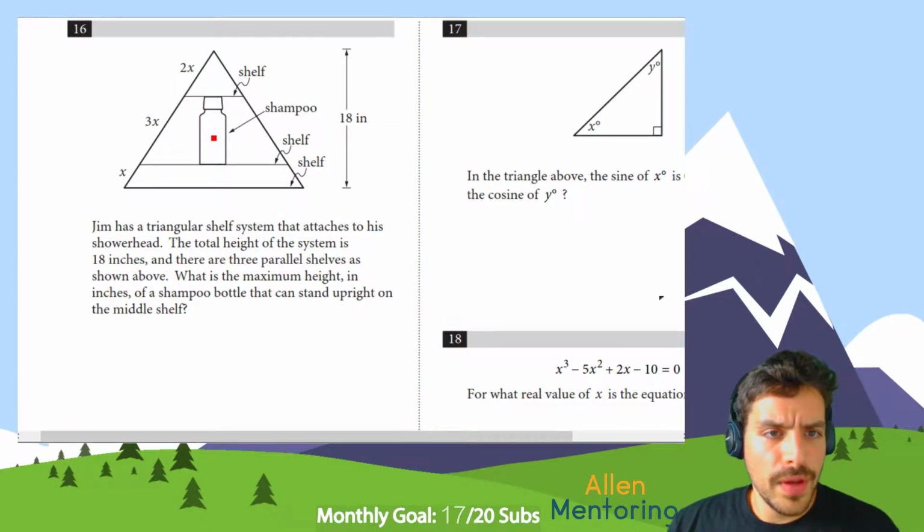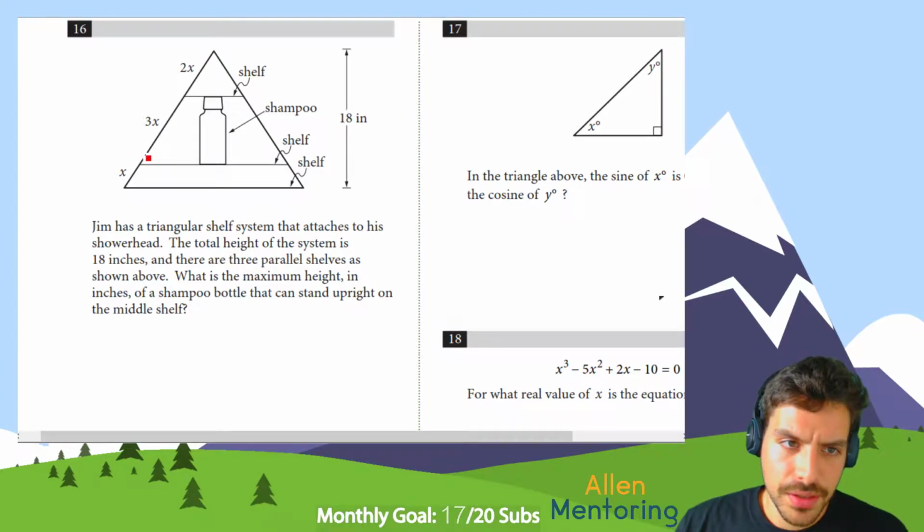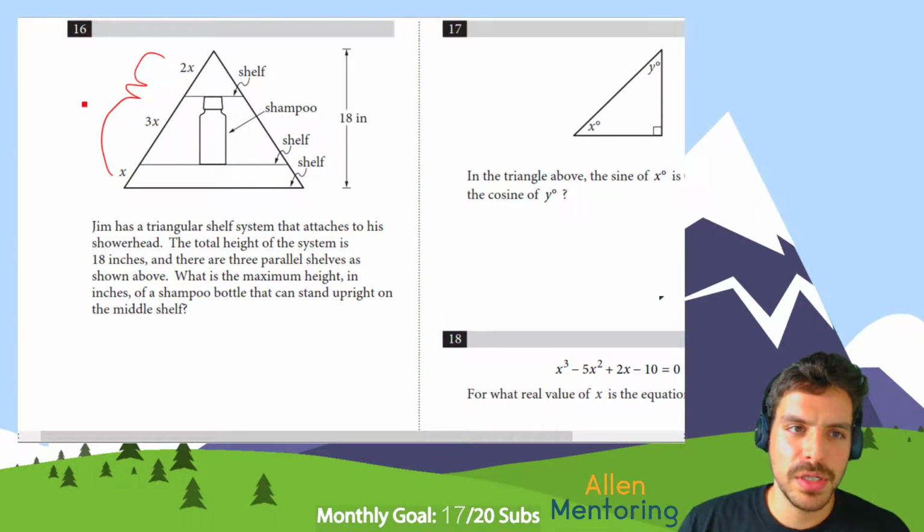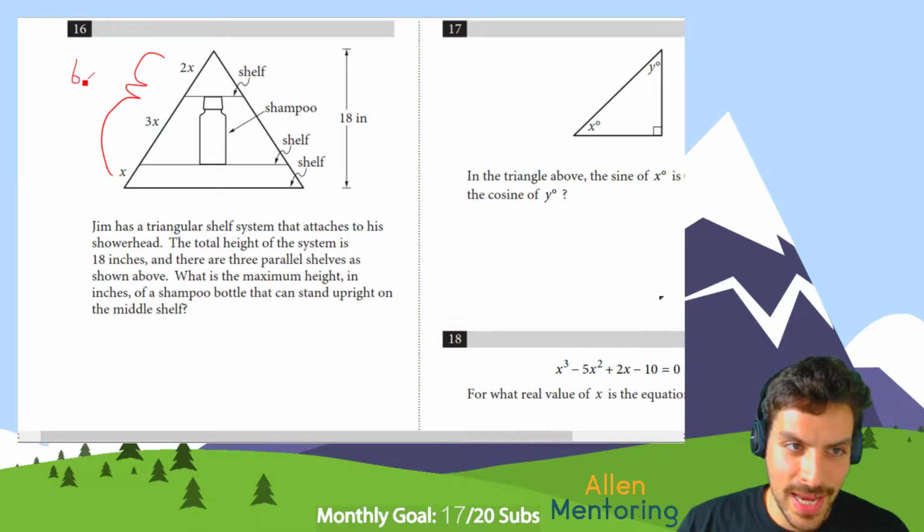So they're basically giving the proportion of the entire thing. This is x to 3x to 2x. What we can do is combine this and say that this entire thing is equal to x plus 3x plus 2x, which is 6x. Okay, so that's the proportion.